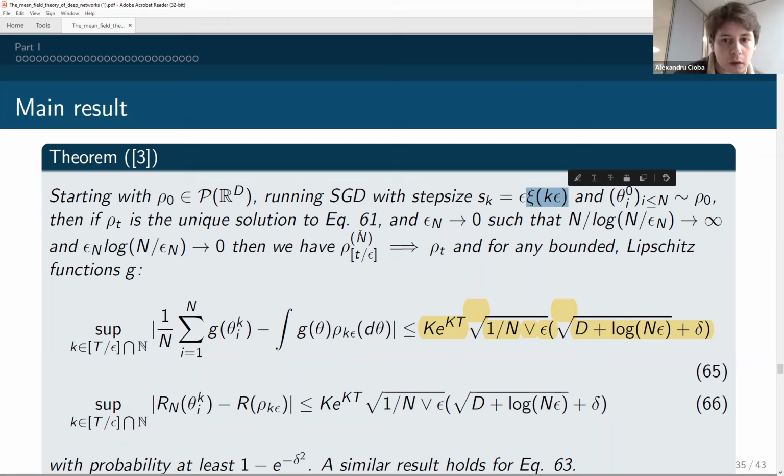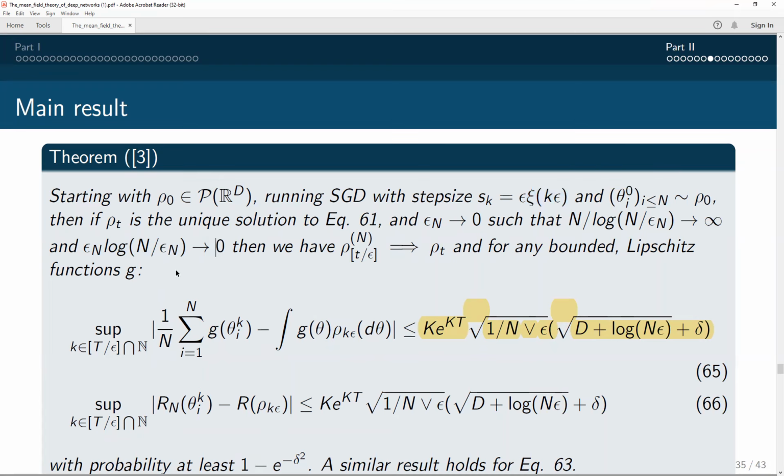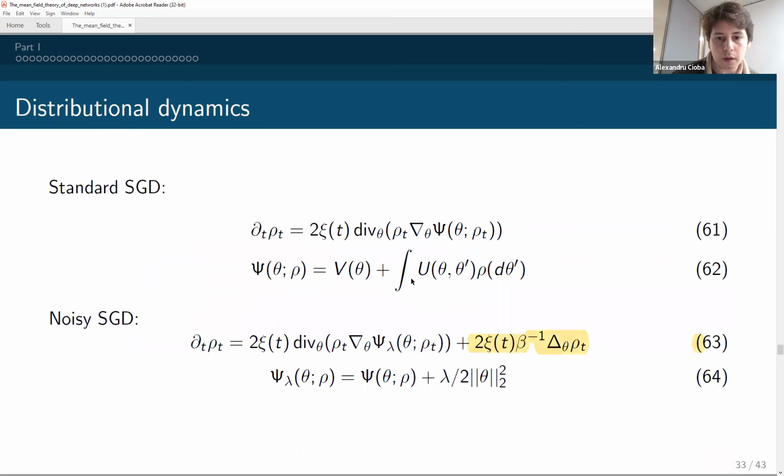Am I right? Well, what's psi? Psi is this extra scheduling function which comes into the distributional equations. But let's quickly go back.